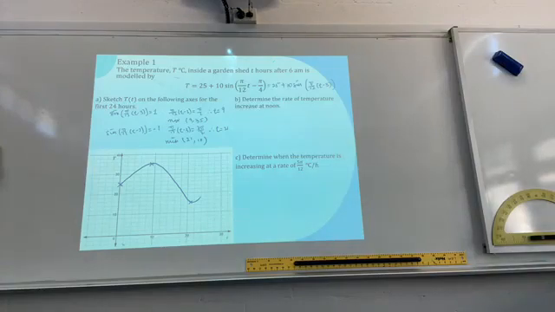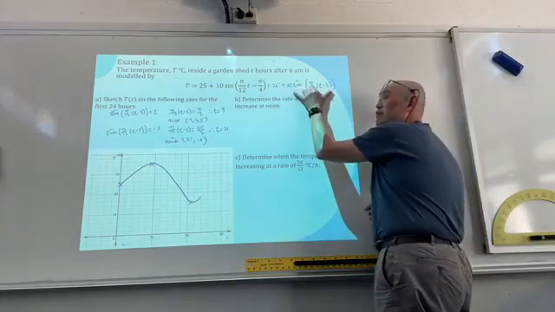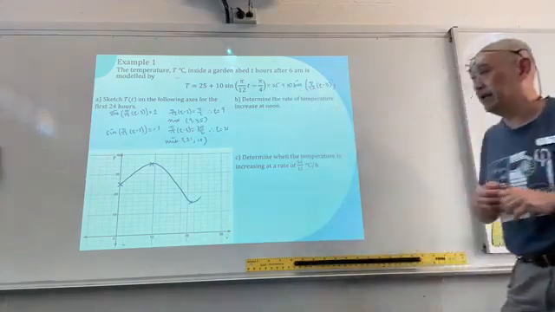And then you need to determine the rate of temperature increase at noon, which is, therefore, you find dT/dt, d capital T over dt. And of course, you don't have to worry about the 25. You just have to differentiate that. I'll let you do that.